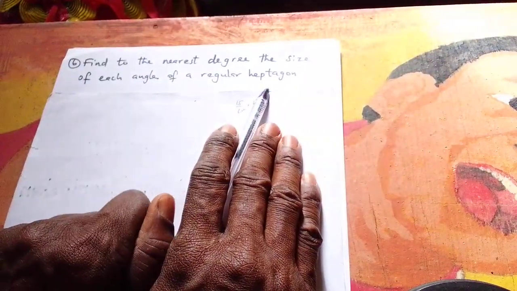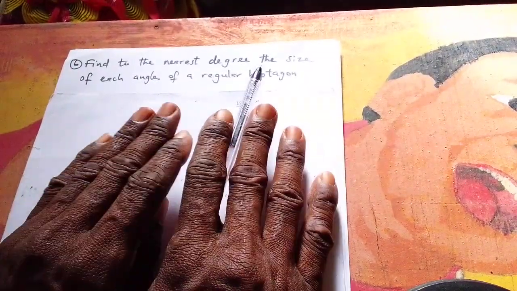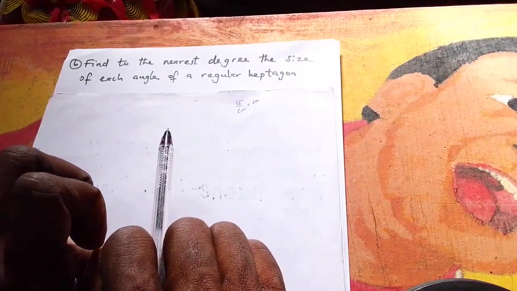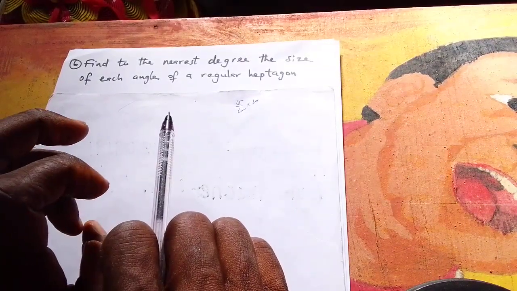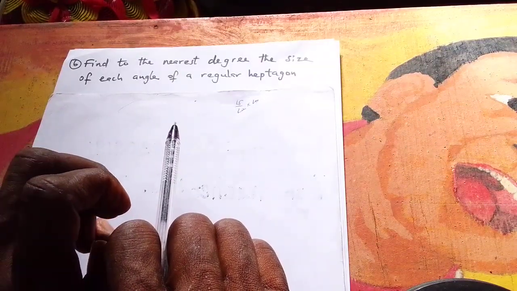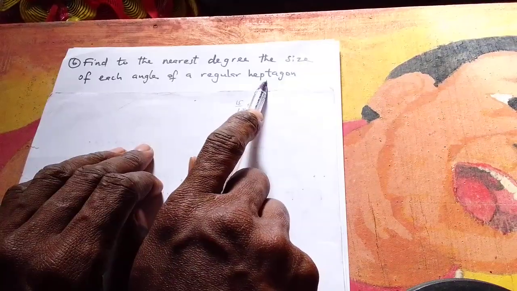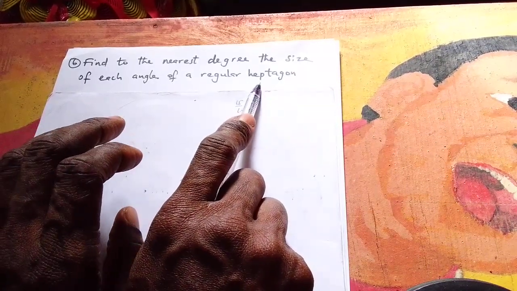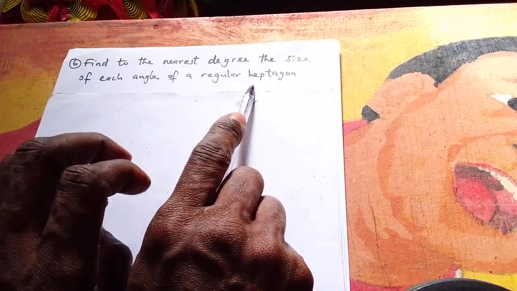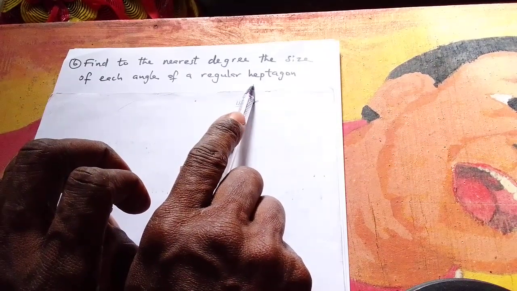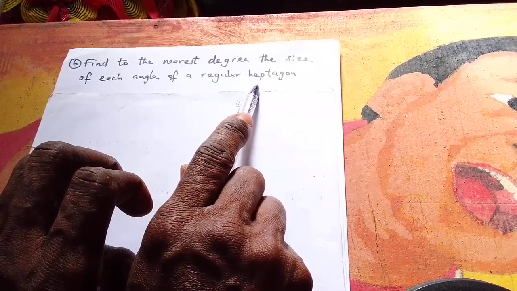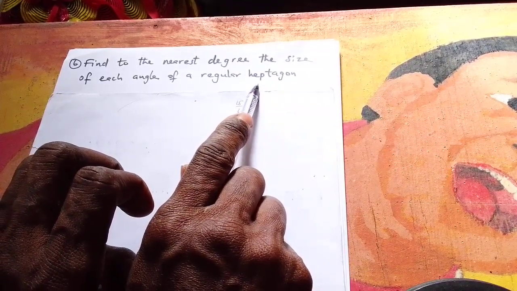When you talk of a regular heptagon, a regular polygon has all its angles and sides equal. A heptagon has 7 sides. So each of the angles in the heptagon is equal and the sides are equal. Since we know it has 7 sides, we need to know the sum of angles in that heptagon.